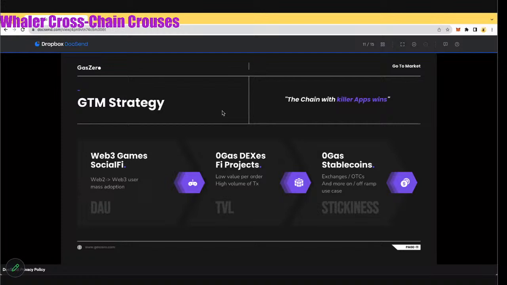What we are looking for is to have as many transactions as possible on the blockchain to test its limits and to understand how far we can go with the amount of transactions per second and per day. In the next stage, we're going to focus on DEXs and DeFi protocols to bring more liquidity to the protocol and let more users interact with the blockchain.